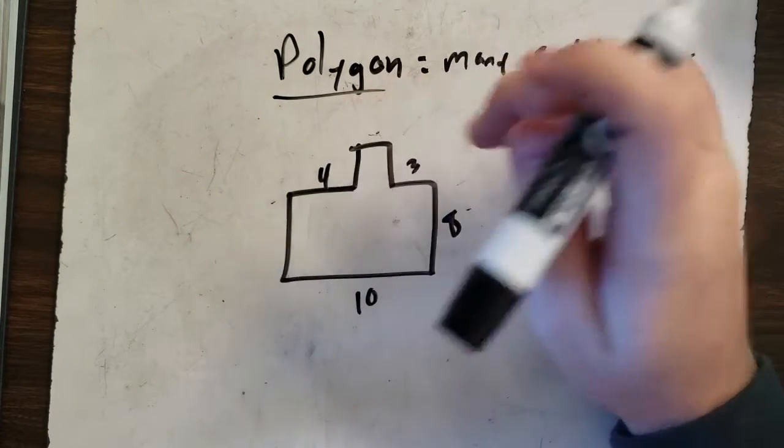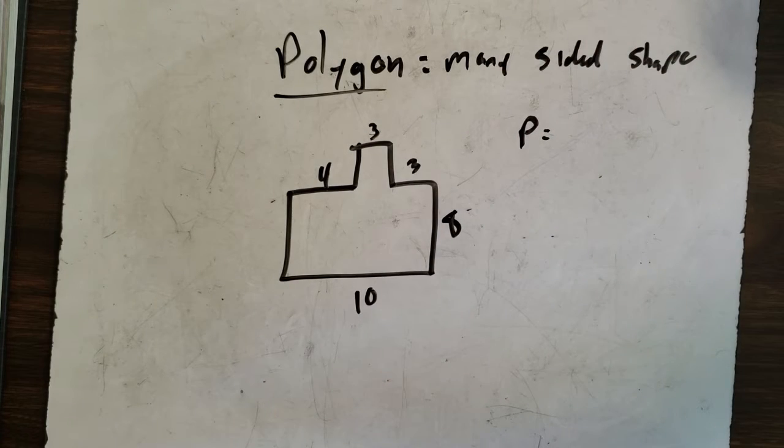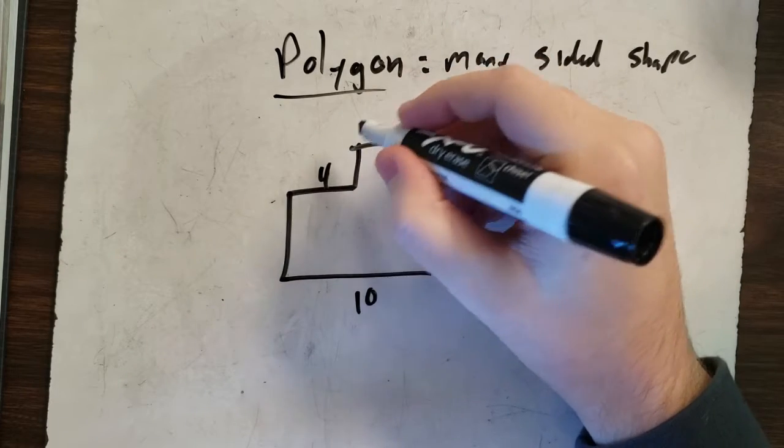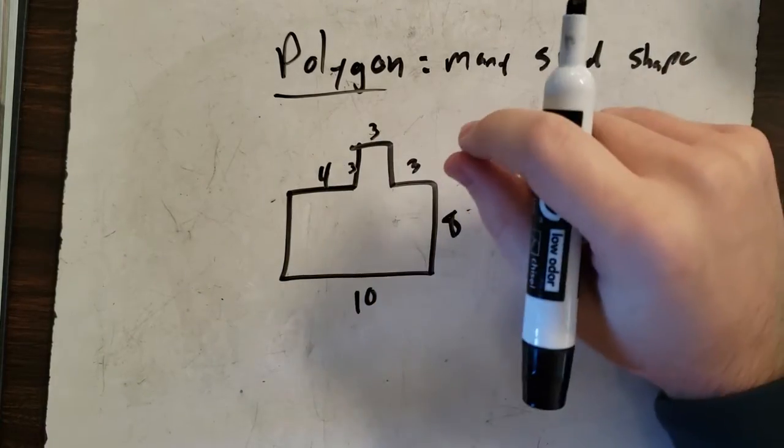Hold on, 3. So let's just say that. We need to add up all the sides. Oh, and let's say it's 3 here. So add up all the sides.